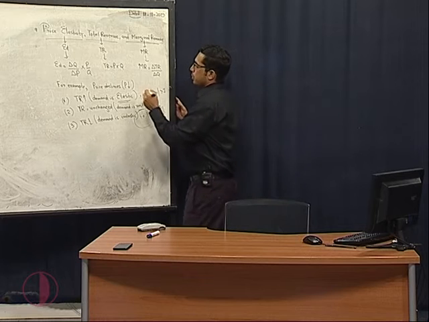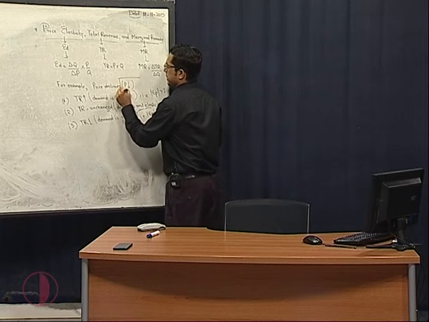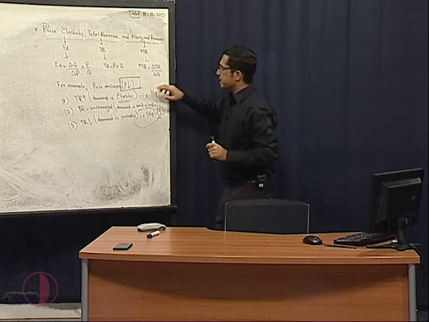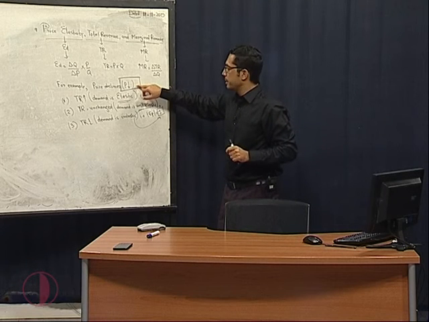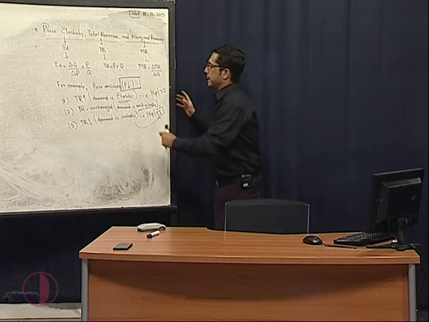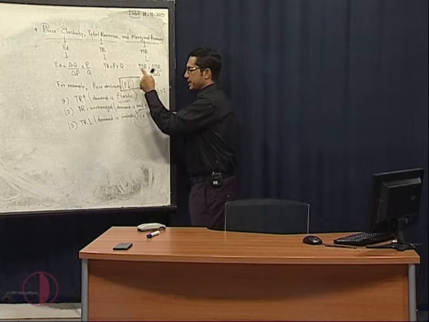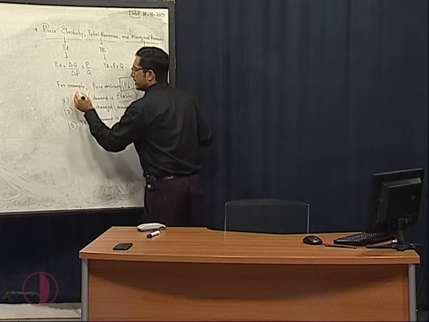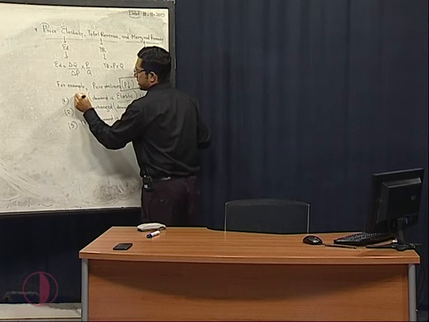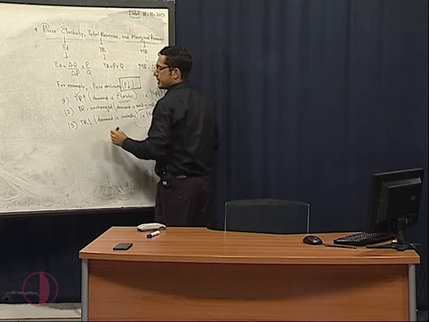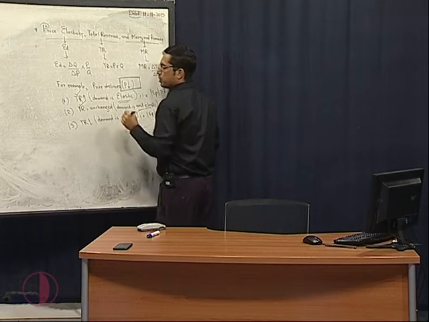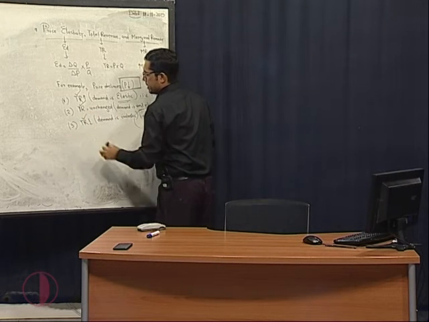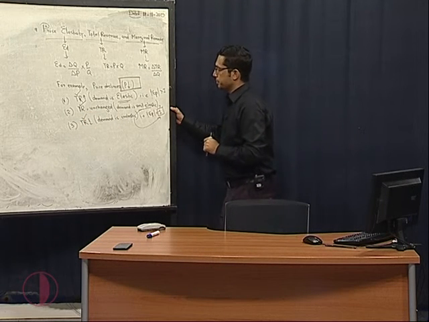So look at this pricing policy. The producer is reducing the price level, but the impact of this price decline on the total revenue is totally different. In one case total revenue is increasing, in the second case total revenue is constant, and in the last case total revenue is decreasing.